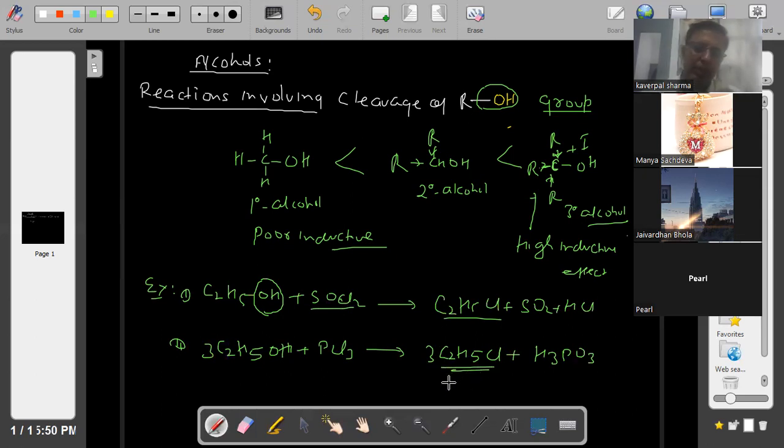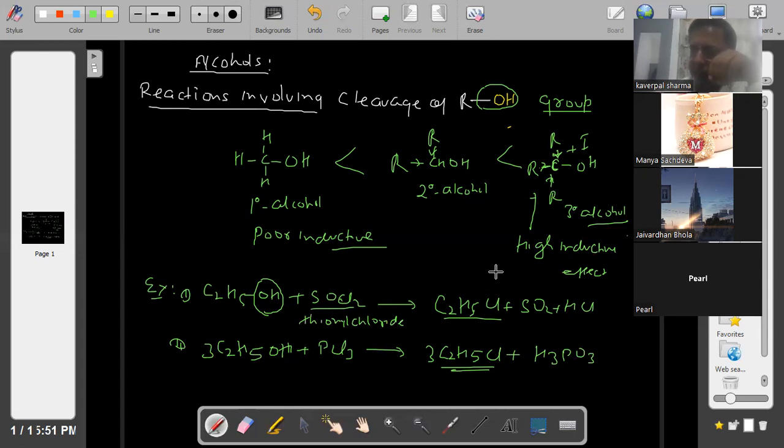When we were doing the preparation of haloalkanes, the same method we applied here, using thionyl chloride, which reacts with ethanol, and you get it easily by removing the OH group. This is the primary; if you take tertiary, the reaction will be faster. Okay.